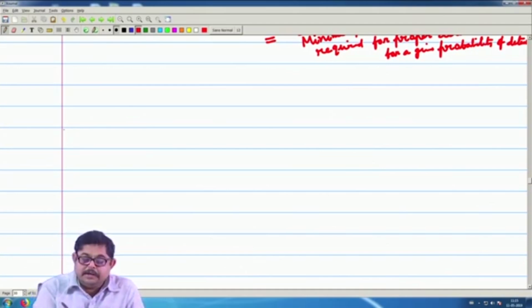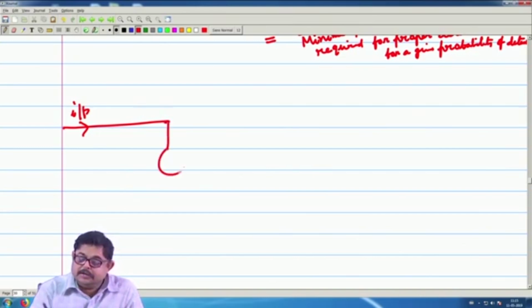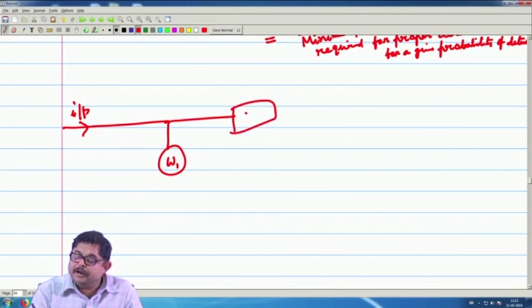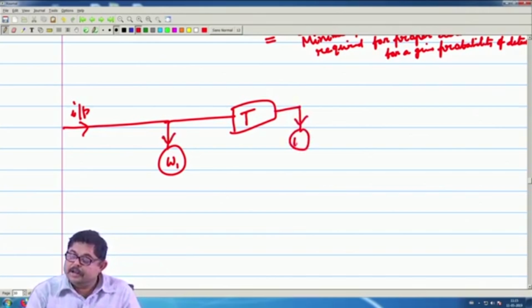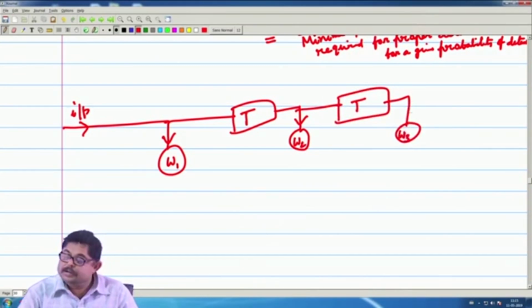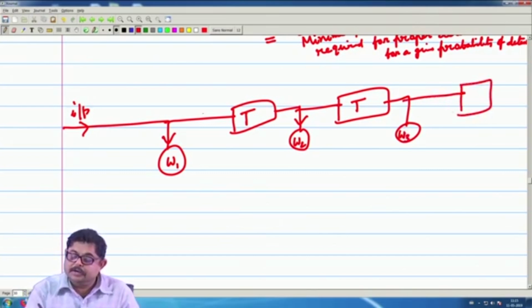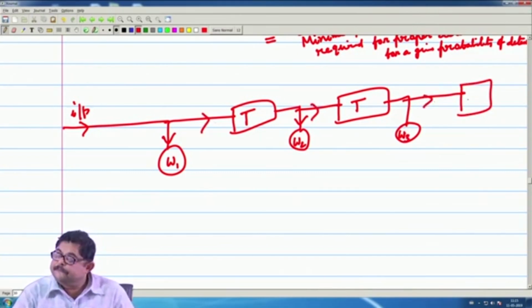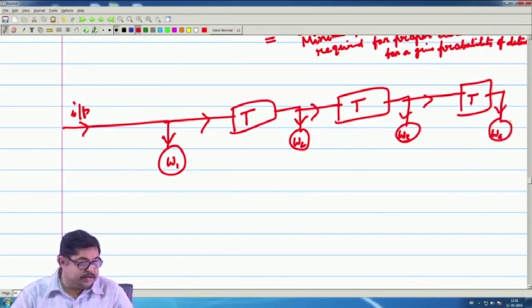Basically, the input comes in and first gets some weights, then there is a delay, which I will write as T, then another weight, then further delay, another weight, then delay, and further weight like this.